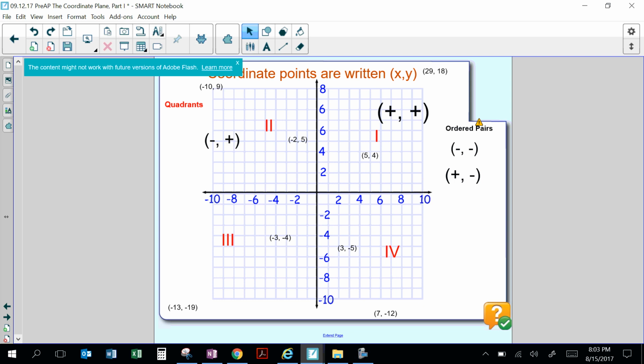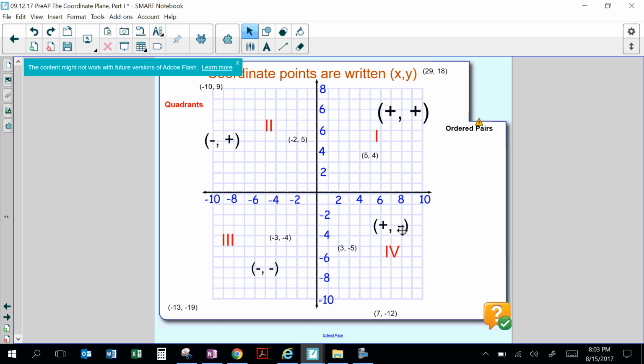What can you tell me about these integers? They're both negative integers. And on quadrant 4, the first number is 3, the second number is -5, 7, -12. The x-axis is positive, while the y-axis is negative, so it's positive, negative.